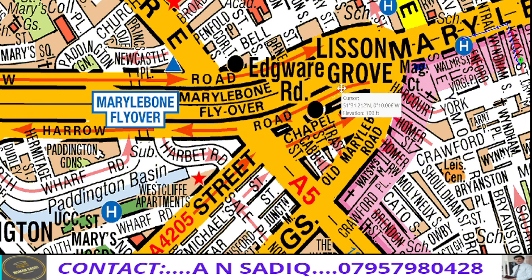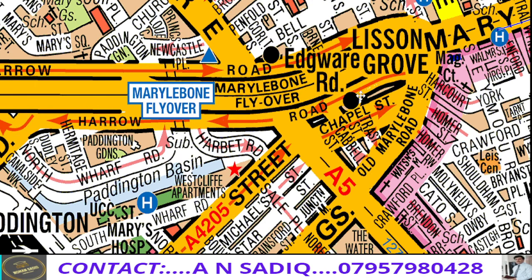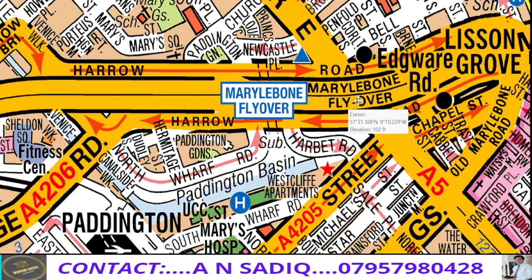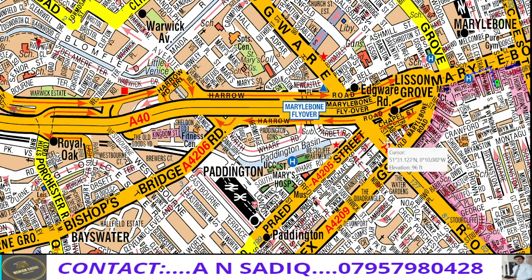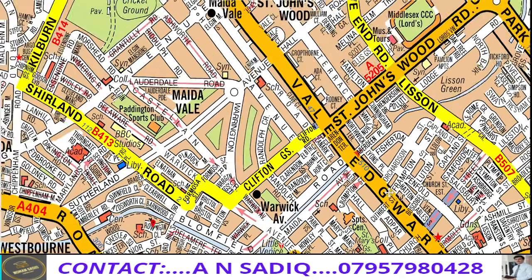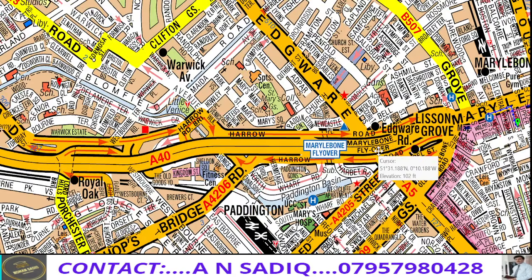So instead of following this route, if you come here and take this slip road, this one way here, and this is actually underneath. This is the flyover, and this is the area which is underneath this flyover. So actually this whole A5 is also going underneath this Melbourne flyover.